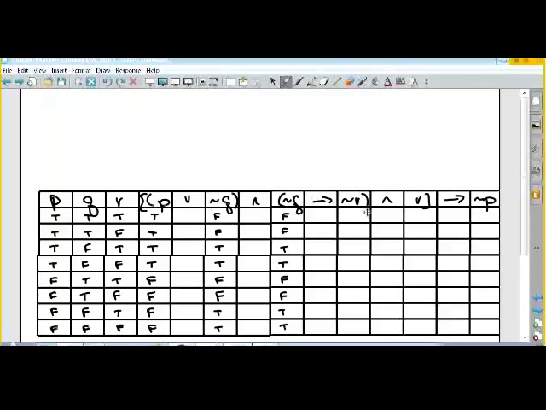Then we have the negation of R. Here's R. True, false, true, false. So it's going to be false, true, false, true, false, true, false, true. Then we've got R. True, false, true, false, true, false.